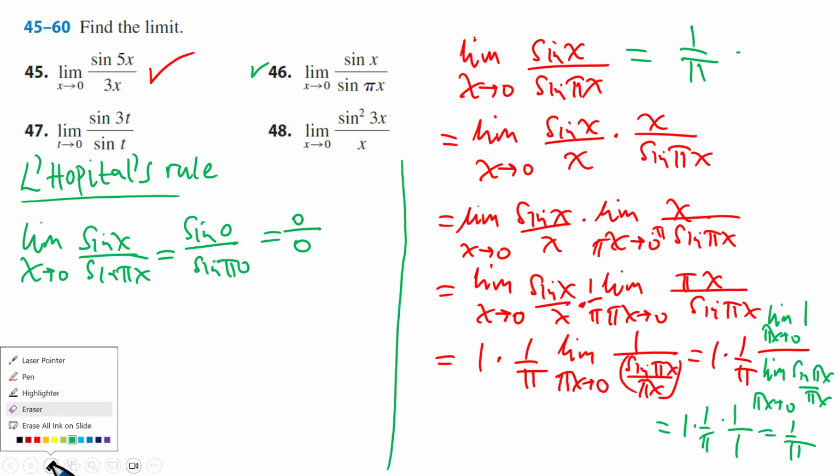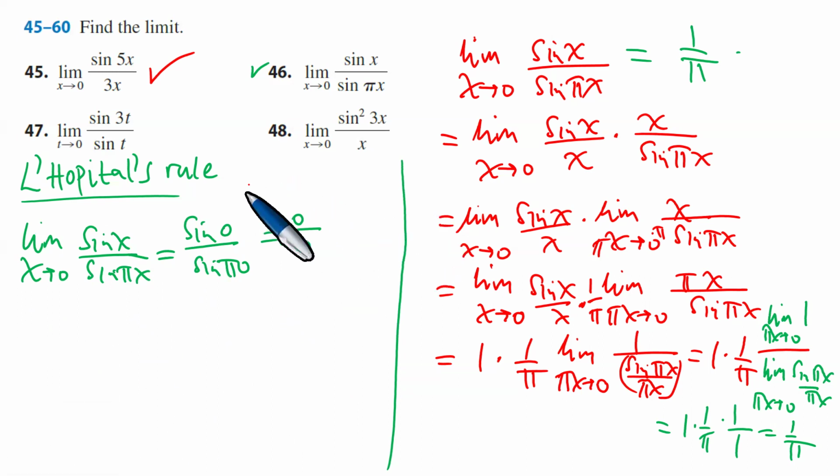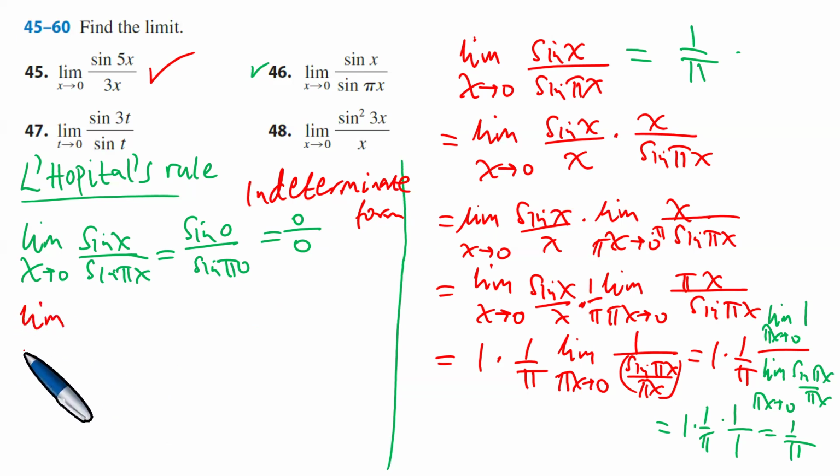Because we're getting an indeterminate form, what do we do with this? Right, so we have the limit, and this is the 0 over 0 limit form.